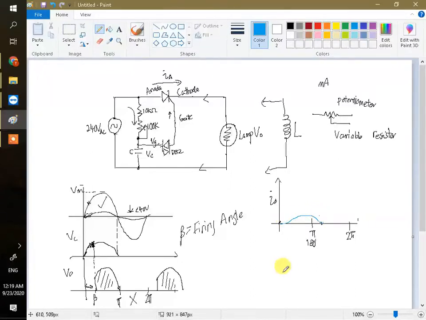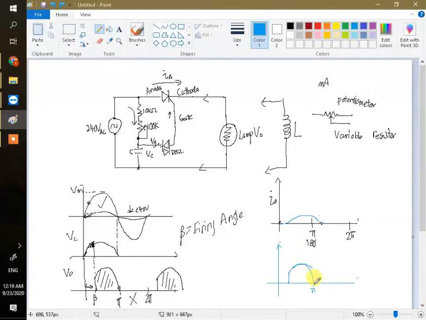Then as for the output voltage, here you will turn on, and then the output voltage also follows this current. It will pass 180 degrees like this.